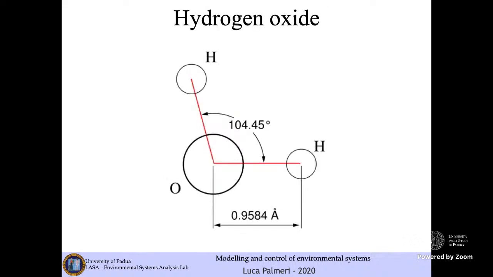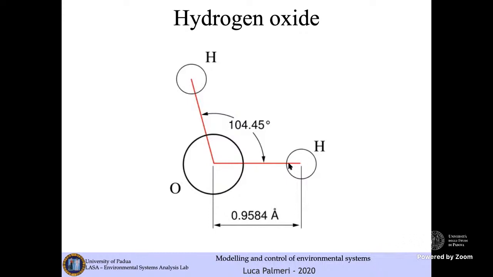One of the first anomalies that we shall recognize in the structure and the topology of hydrogen oxide is linked to the dimensions of the atoms making up the molecule. This ends up with a distance of less than 1 angstrom between the center of the oxygen and the hydrogen.